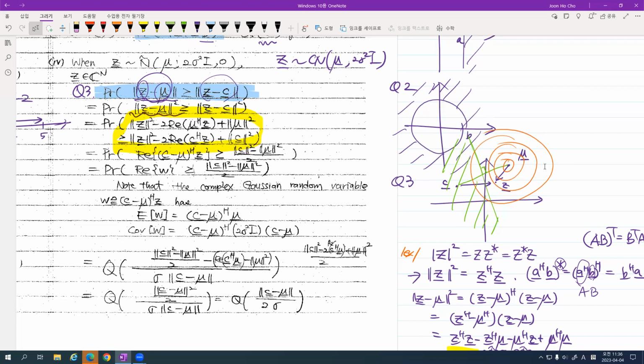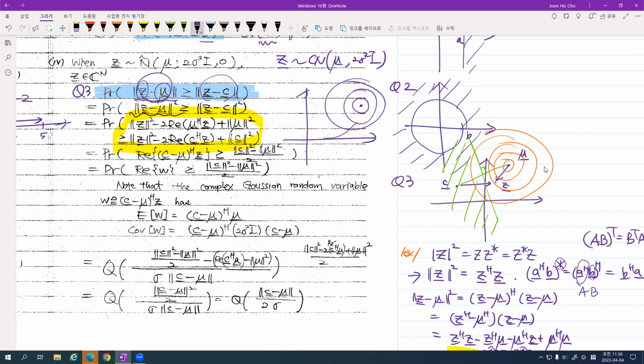Now, real part is taken. What does that mean? You have something that is Gaussian and real part is taken. If I draw for you, suppose this is the complex plane and you have a complex Gaussian random variable that has a spherical, that is, circularly symmetric density with respect to center, and then you take the real part.